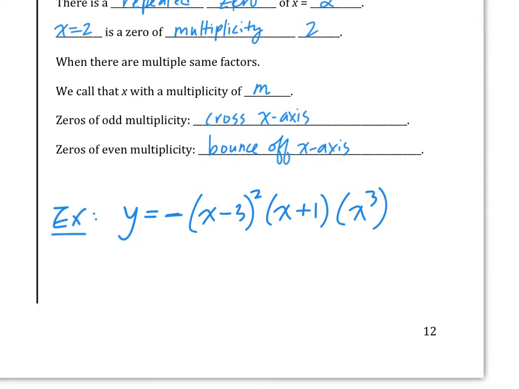This is very extreme. So go ahead and graph this one. Count how many degrees it should have. Which one is going to bounce off, which one is not. Talk to your partner, work together so you can solve this one.